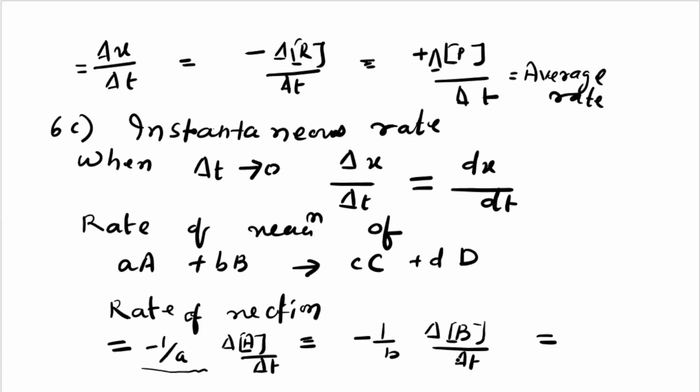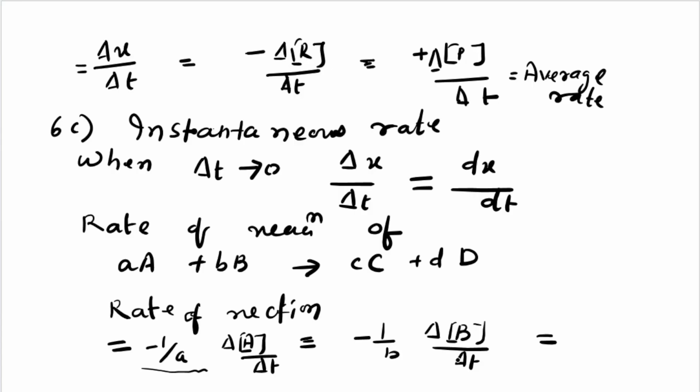If a reaction has 2 reactants and 2 products, with moles a, b, c, d, then what do we write? For the reactant side you put a minus sign: minus 1 by a, delta A by delta T, equal to the B term also with a minus because it is a reactant, minus 1 by b, del B, the molar concentration, by del T. And the product side all becomes plus.